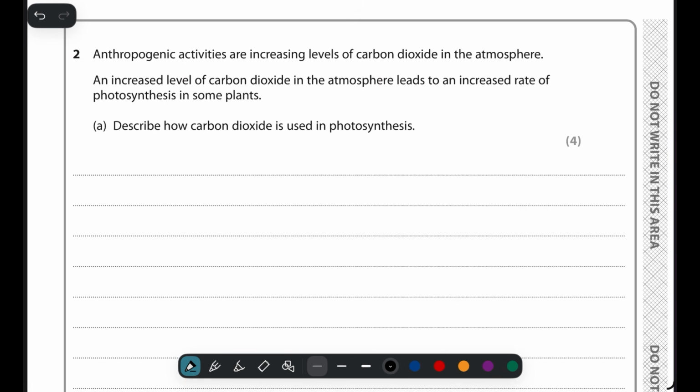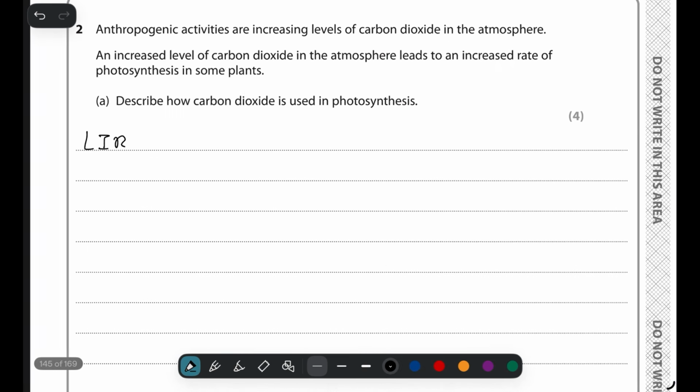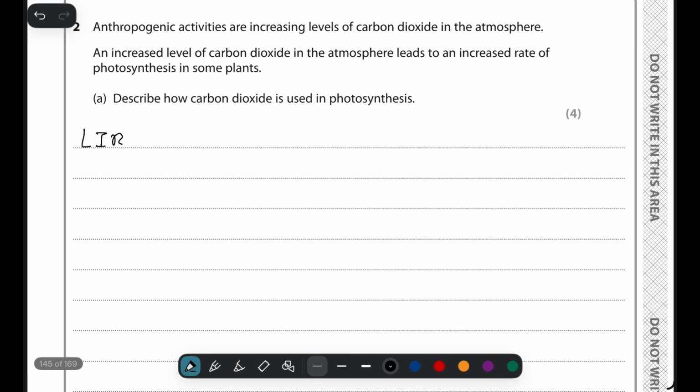So describe should be fine. They're literally asking me to just talk about the light independent reaction. So that's what I'm going to start with. I'm just going to write the acronyms, but you should write the whole thing. In the light independent reaction, in that first step, you need RuBP to combine with carbon dioxide, and that helps you to form an unstable 6-carbon compound intermediate.